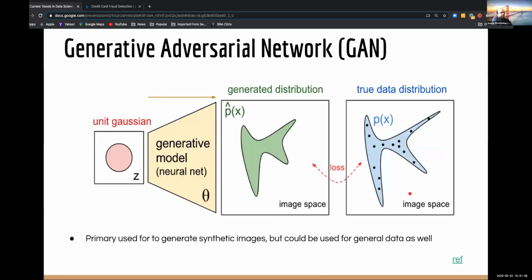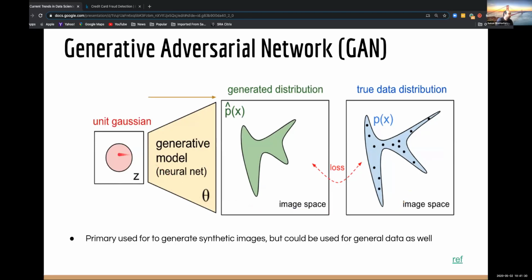Another upcoming area, I would say, in terms of how to generate the minority class, is leveraging generative adversarial models. Now, generative adversarial models have been used in the space of image synthesis quite a bit.